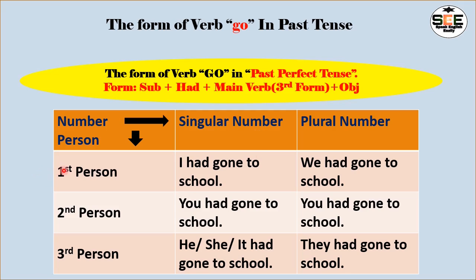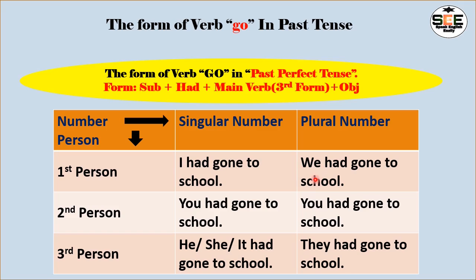If we see the plural number, then we can find what is the difference. I have replaced I with we, right? And had is the same, gone is the same and other things are the same, only I is replaced with we because the plural of I is we, right?